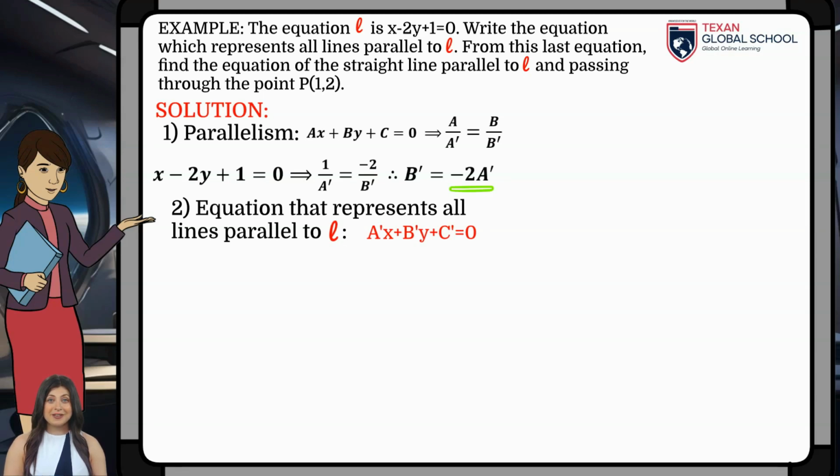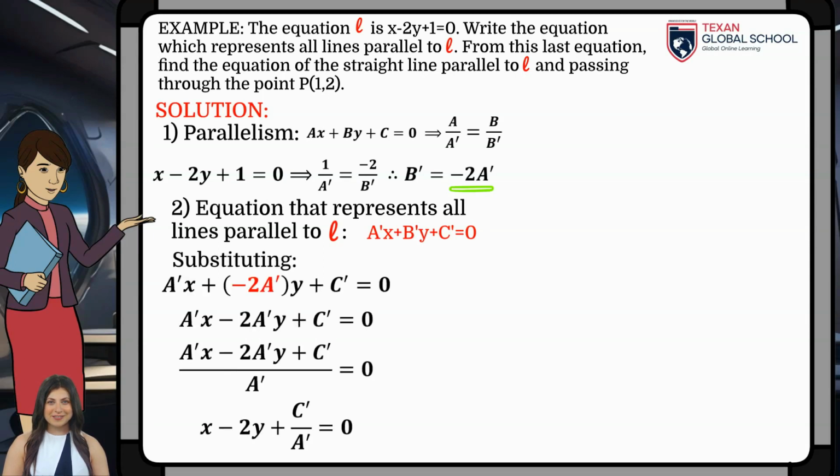Now, if we represent the equation of all the lines parallel to L as a'x + b'y + c' = 0, substitute the relationship obtained for b' as -2a'. When developing, results the equation x - 2y + c'/a' = 0.